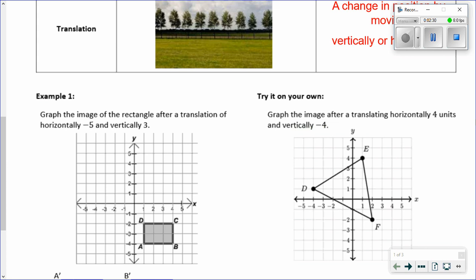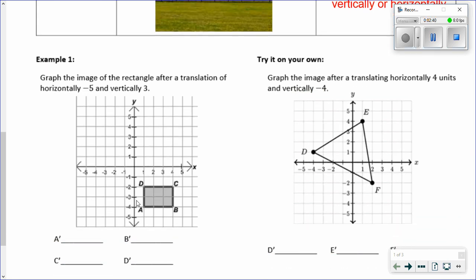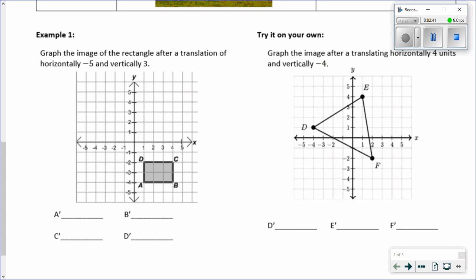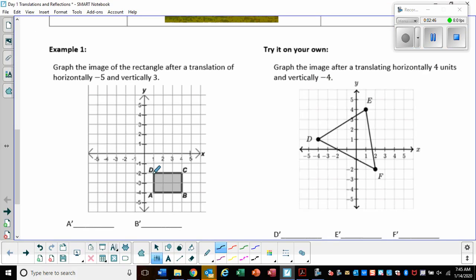Okay, so because it says horizontally -5, horizontal is left and right, so I need to move it to the left because that negative tells me to the left 5 units. So what I'm going to do is, I'm actually going to take this out of the screen. What I do is I actually take each point and I count them over 5 units, okay? So 1, 2, 3, 4, 5.